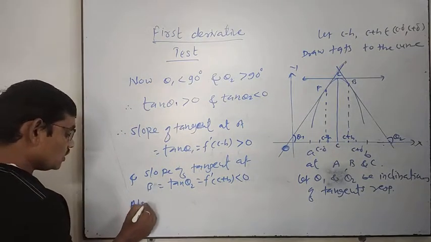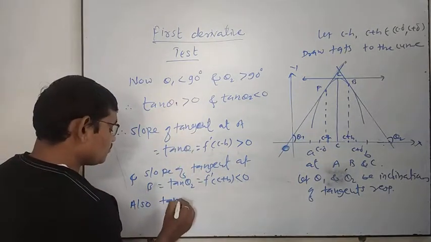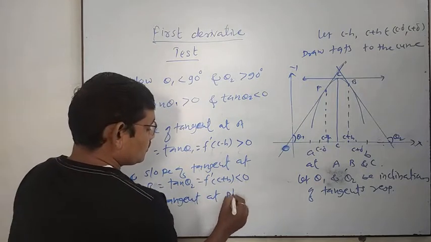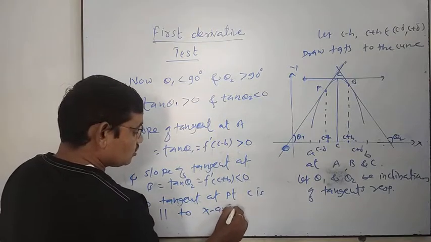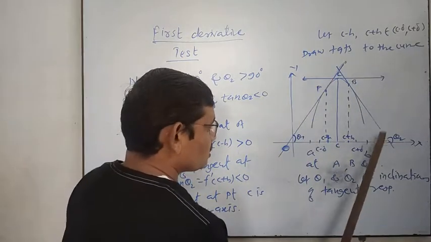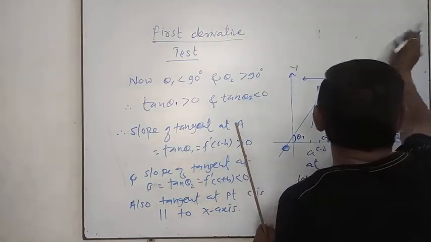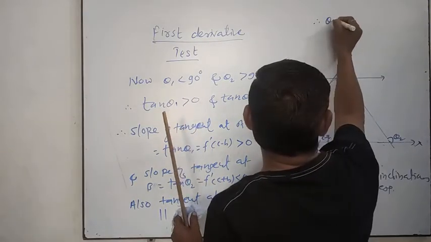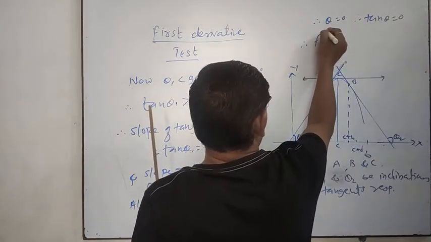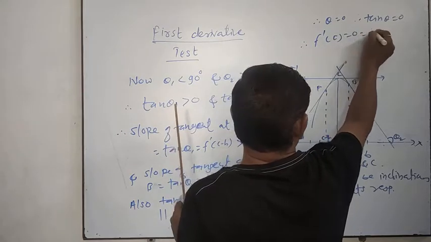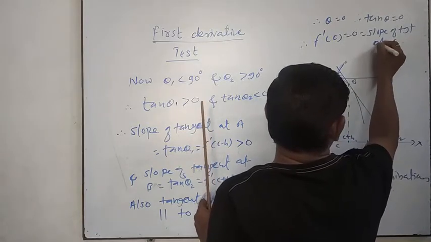And also tangent at point C is parallel to x-axis. Therefore, theta is equal to 0, and therefore tan theta is 0, and hence f dash of c is equal to 0. That is the slope of tangent at c.